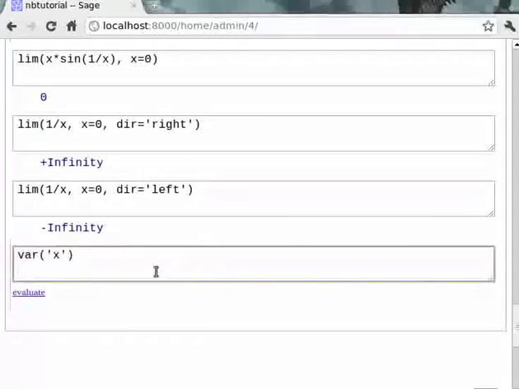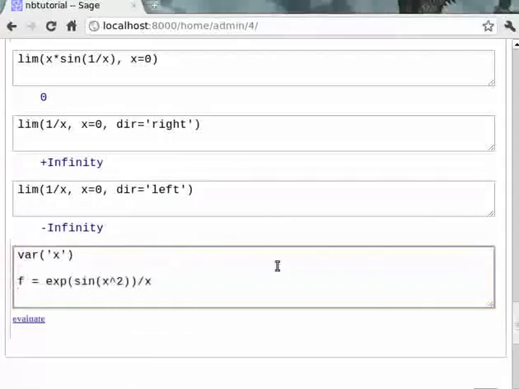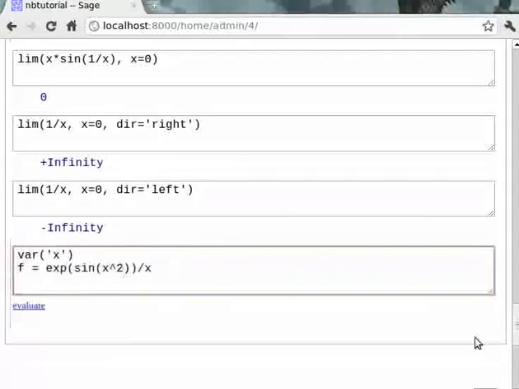For this, we shall first define the expression and then use the diff function to obtain the differential of the expression. That is, you can type var within brackets in single quotes x, then next line f is equal to sine within brackets sine x square by x, and then third line you can type diff within brackets f comma x.